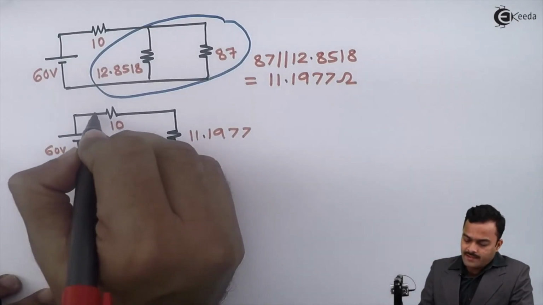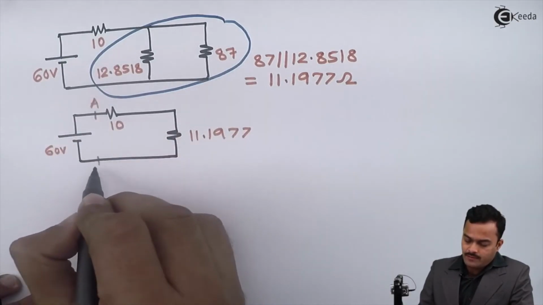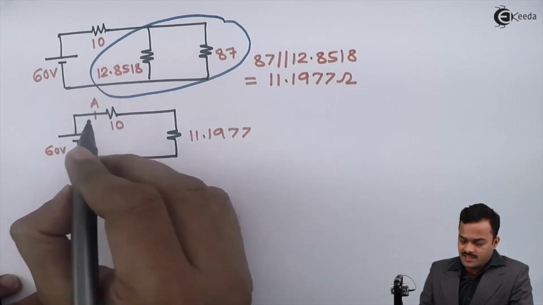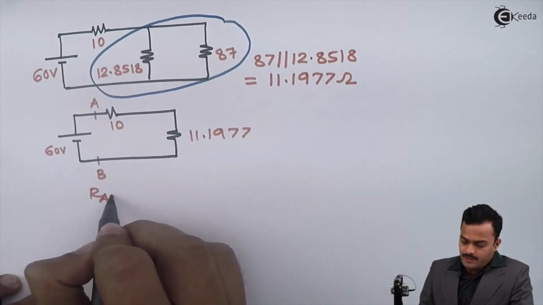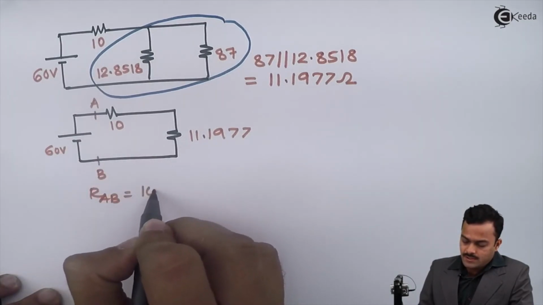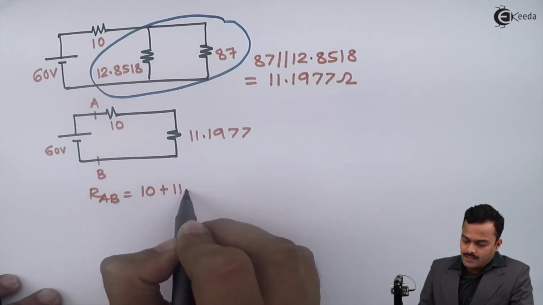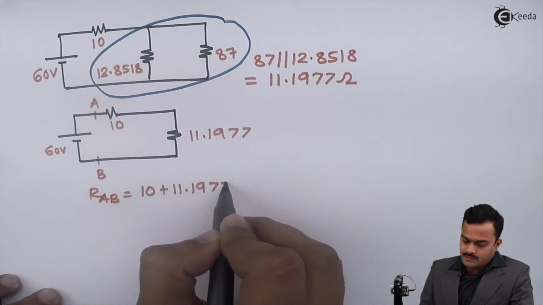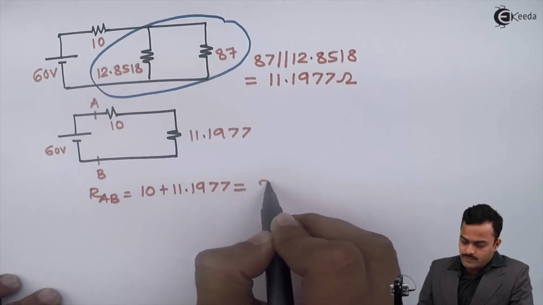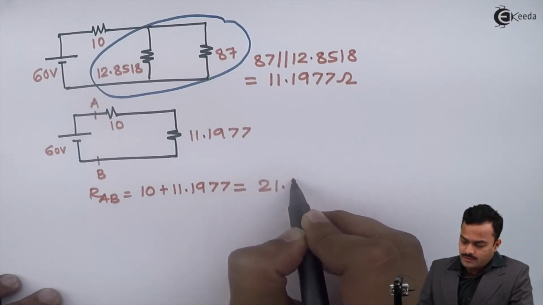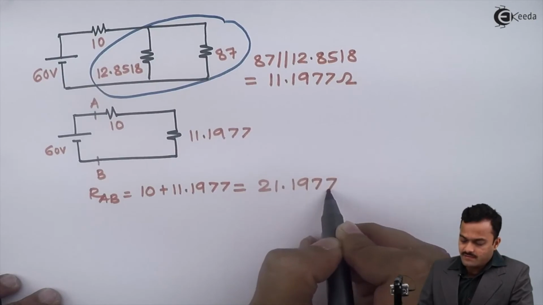So I can say, if I consider these are the points A and B where battery of 60 volt is connected, the RAB I will get is series combination of 10 and 11.1977, which will be 21.1977.